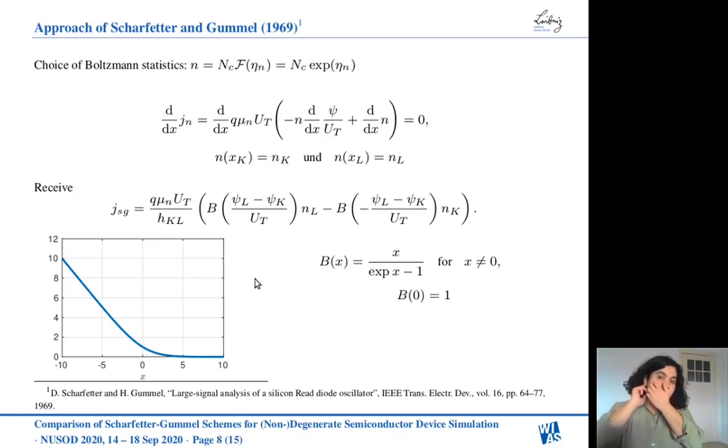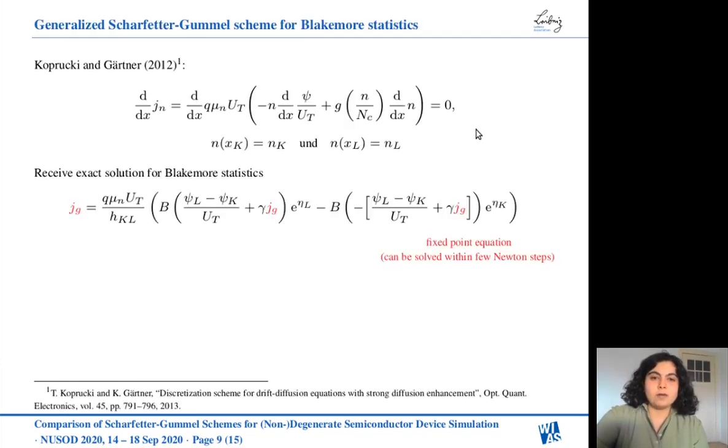This idea of Scharfetter-Gummel can be extended to arbitrary statistics F, but the problem is that this generalized two-point boundary value problem is then in general not explicitly solvable. However, Kantner and Koprucki showed in case of the Blakemore statistics that this two-point boundary value problem can be simplified to an implicit equation for the discrete current density, which can be solved within a few Newton steps.